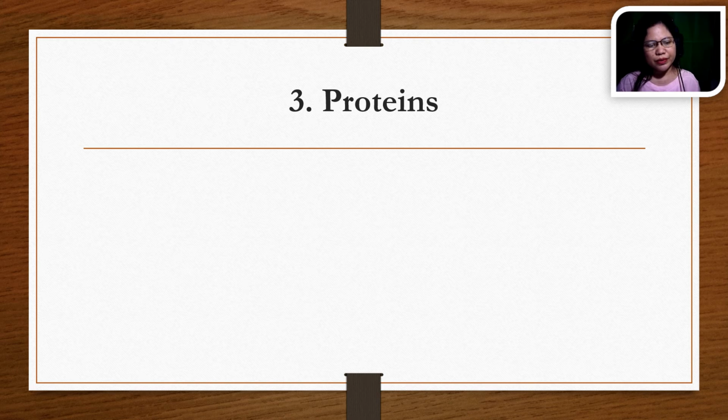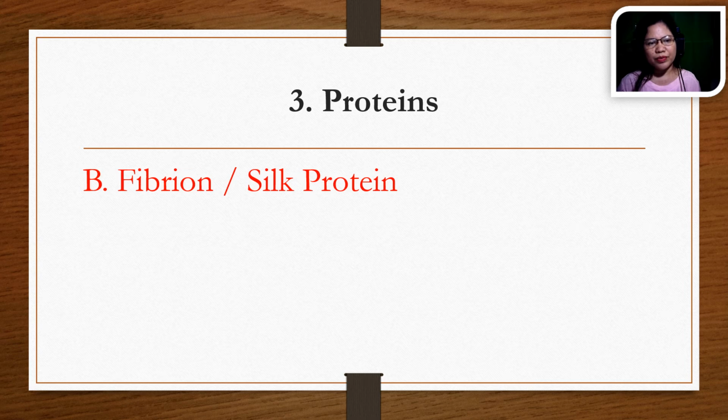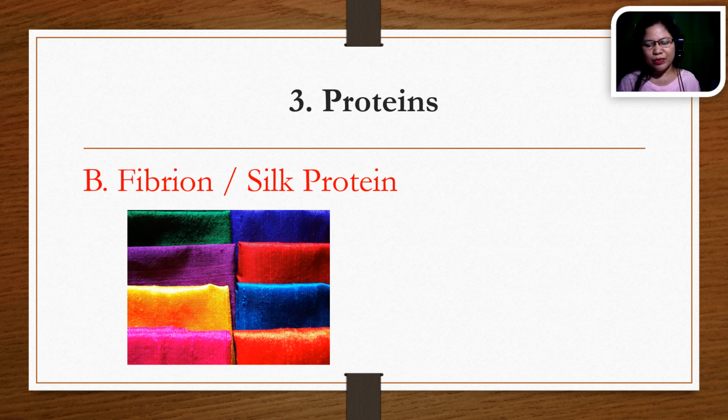Number two example of proteins is fibroin, or the silk protein. So where can we find this? Usually we find it in silk. Silk, as described, is very smooth and soft in texture.